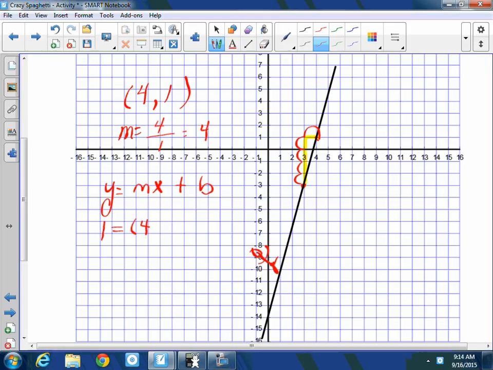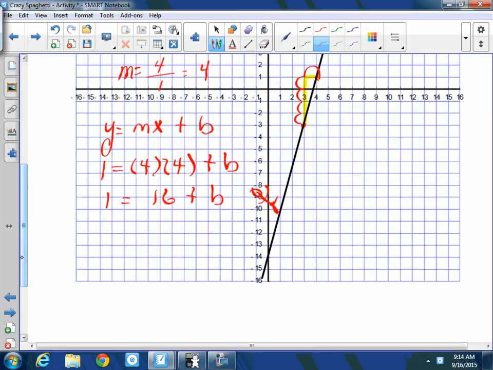What's my m? 4. What's my x? 4. Now I solve it. 4 times 4 would be 16. And then to get rid of that 16, I'm going to have to say minus 16.